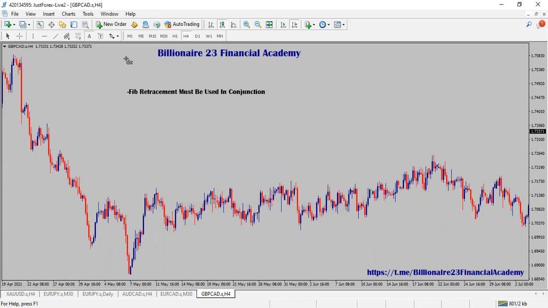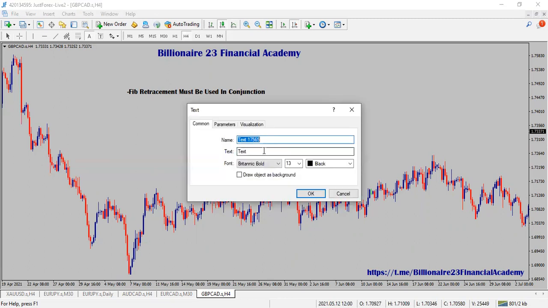The fib retracement tool must be used in conjunction with raw market structure.